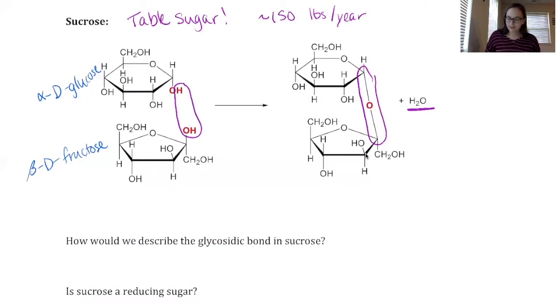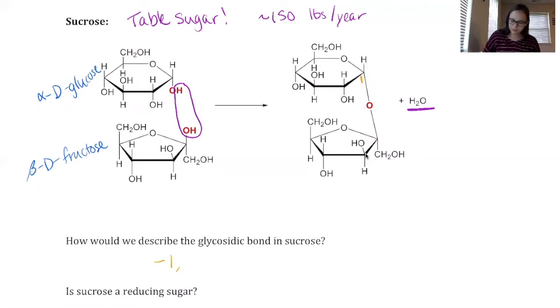So again, let's look at our alpha carbons. We're looking at the alpha carbons of the things that have the glycosidic bond, carbon number 1 of where the glycosidic bond is. Both of our carbon 1s are interacting with each other, so we can put 1, 1 as our numbers here.